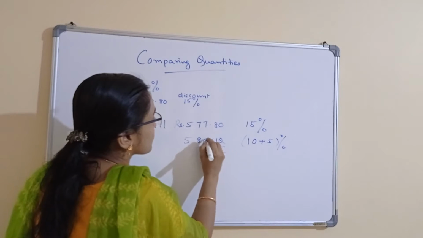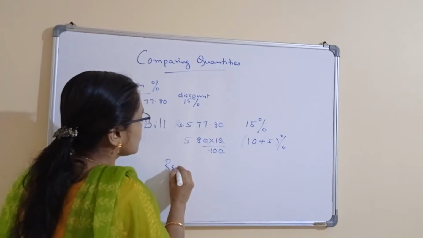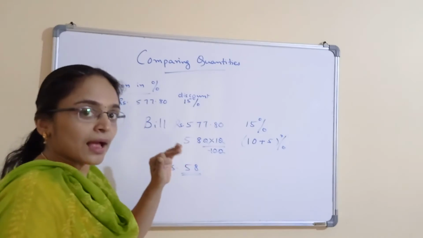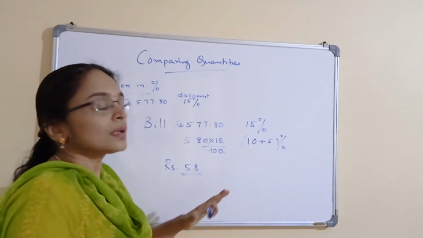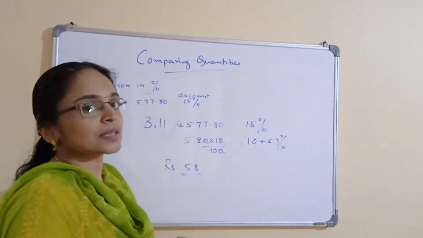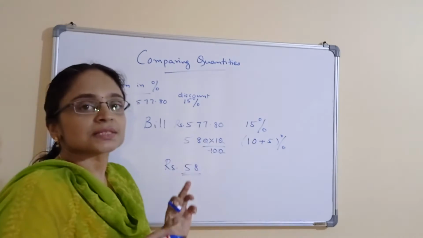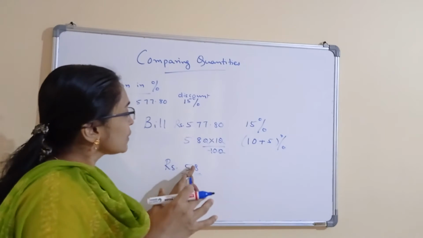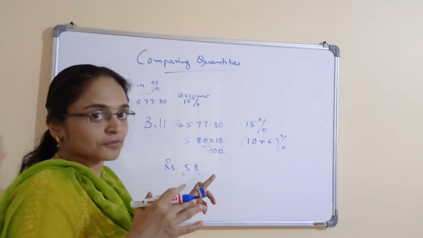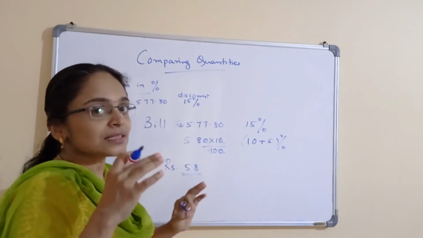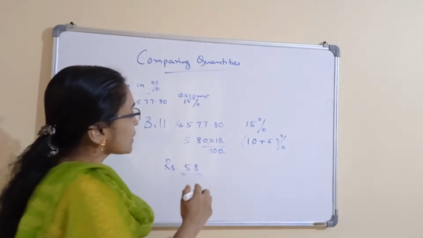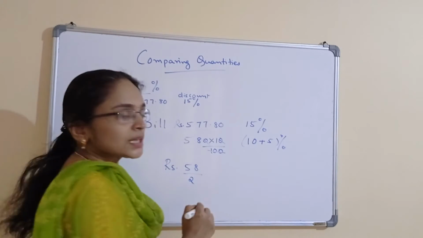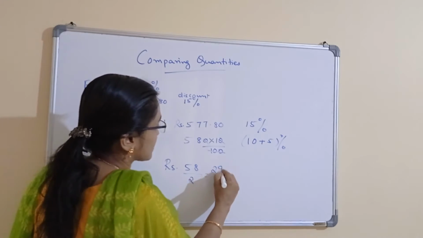So 58 rupees is the discount after applying 10% on it. Now you have to apply 5% on this. That is 5% is just half of 10%, right? So 10% is 58. Half of 10% is 5%. So you can take the half of this. So 58 by 2 is 29.